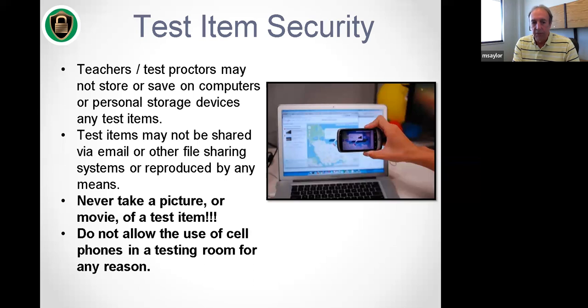The things I've seen before are, you know, here, put your cell phone in this box and you can get it when you're done. That doesn't work, because all it takes is one kid to say, hey, wait a minute, where's my iPhone 13, that never had an iPhone 13 in the first place, and starts screaming that you owe them $1,100. So let's just not do that. Get them to shut it off and set it down in front of them.